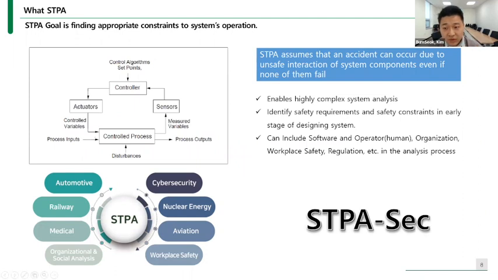With this concept, you can find both single failures of each component and interaction failures. It also enables analysis of highly complex systems and identifies safety requirements and safety constraints at an early stage of system design.